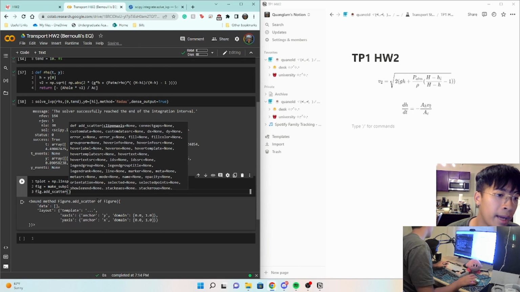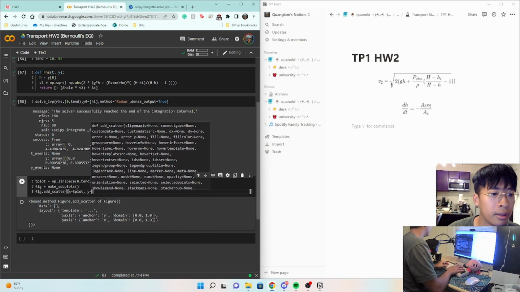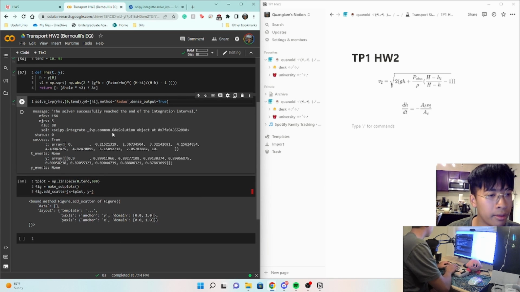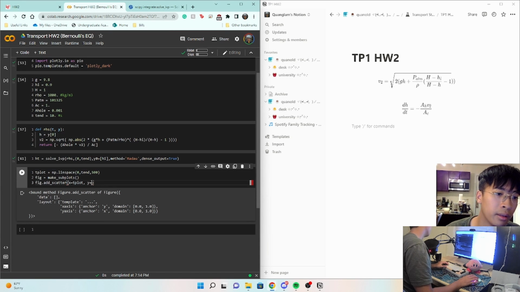Add scatter x equals tplot, y equals, let's assign this to an object. Let's call it ht, height as a function of time. Okay, y equals ht.sol, inputting in tplot.